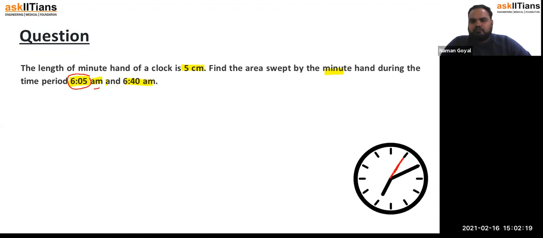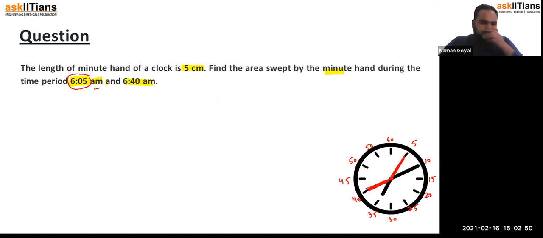This is 5, 10, 15, 20, 25, 30, 35, and then 40, 45, 50, 55, and 60 minutes, right? So there is the minute hand. Now at 6:40, the minute hand is at this place, right?